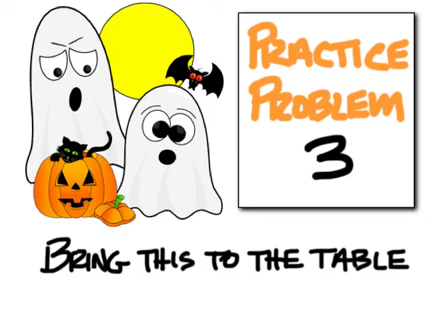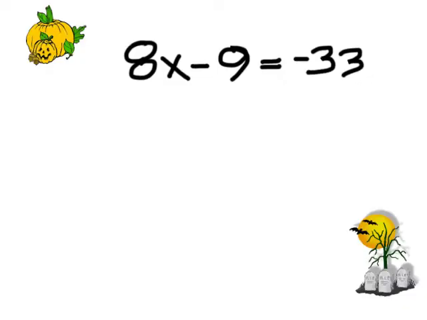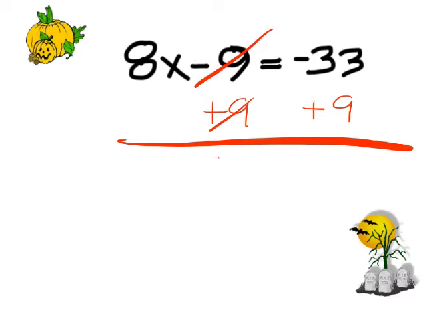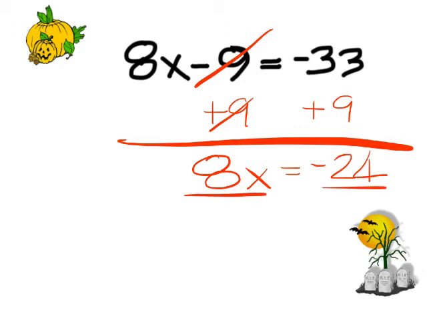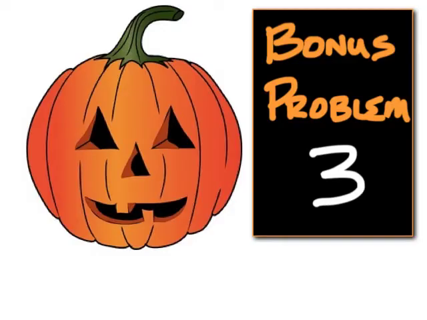Practice problem number 3. On the practice problem, add 9 to both sides. These cancel out. You're left with 8x equals a negative 24. Divide both sides by 8, and the answer is negative 3.